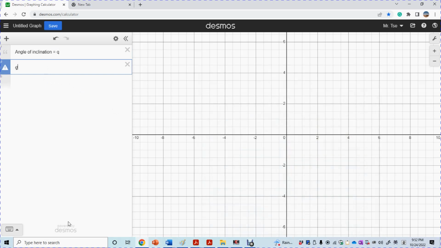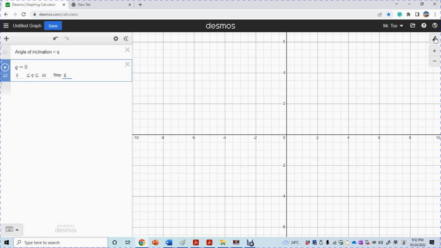And you want to define a range for Q. So you say Q starts from 0, then you define the range for Q, 0 to 45, and each time you want to change it by 1 degree, let's say.